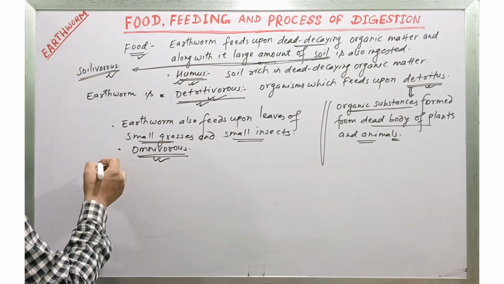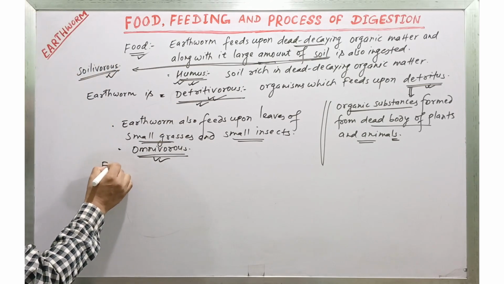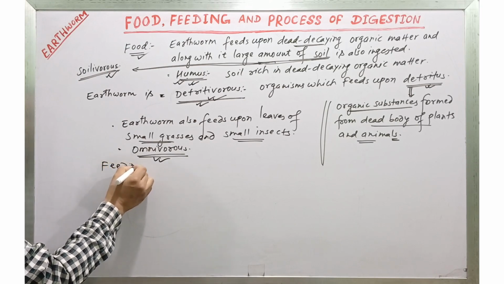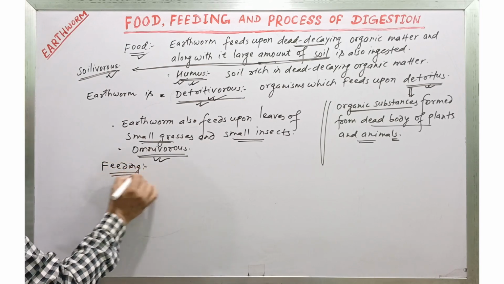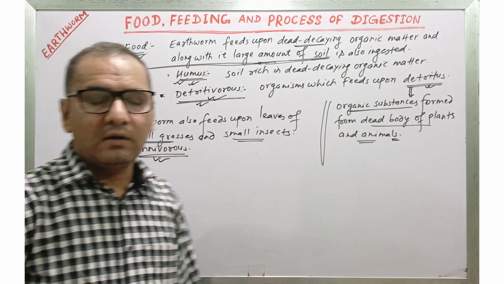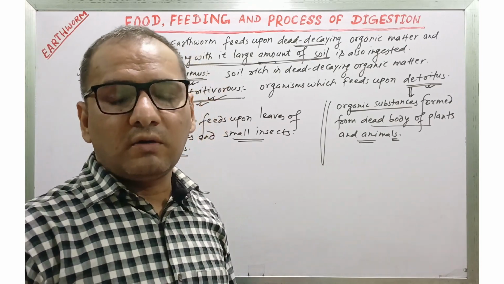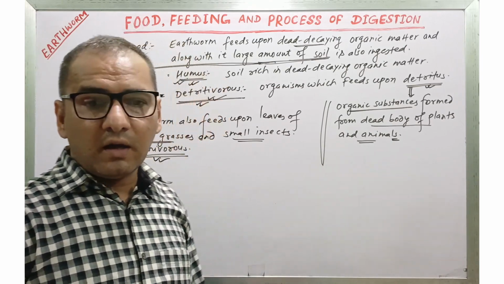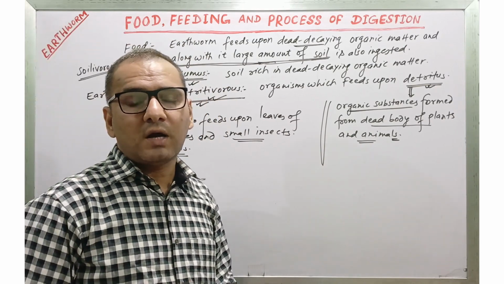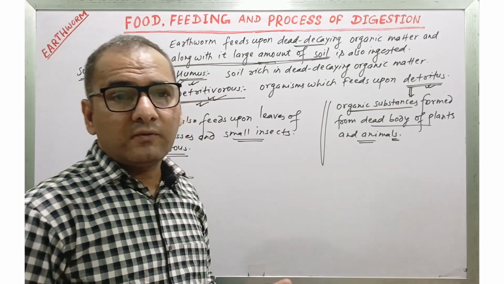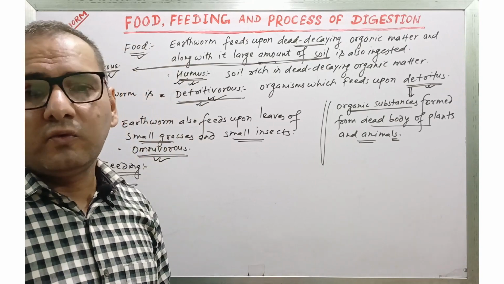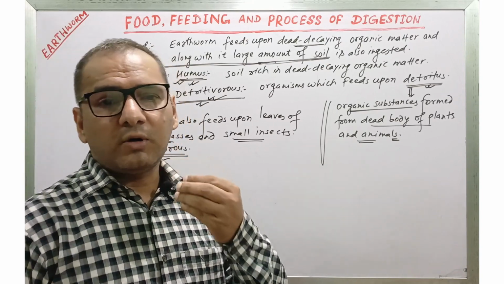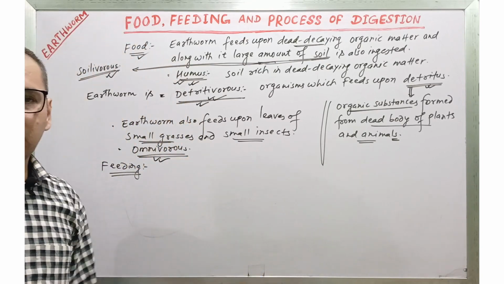Now the process of feeding. At the time of feeding, earthworm brings its mouth in contact with the food material and the buccal chamber protrudes out, and as the pharynx acts as pump, the food is directly sucked into the buccal chamber by pumping action of the pharynx.